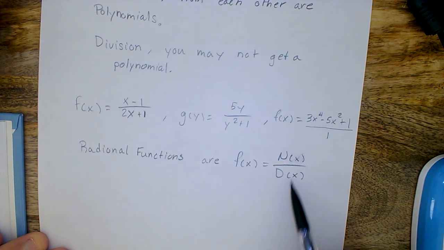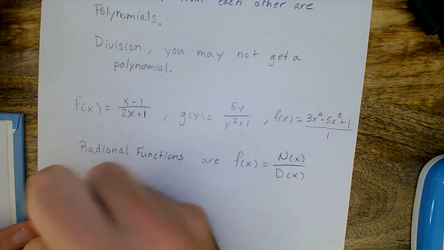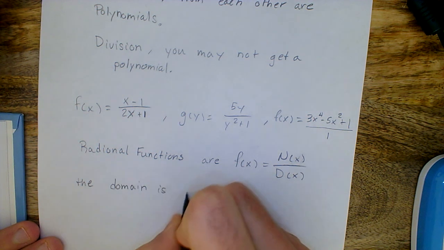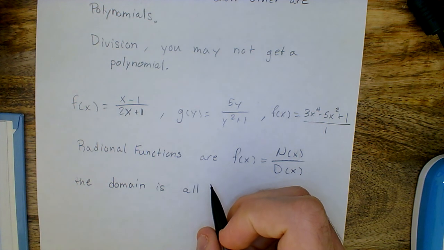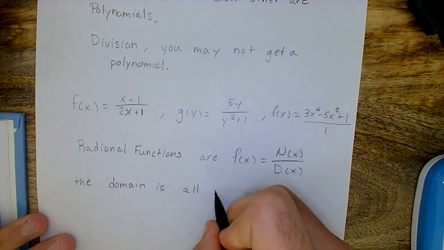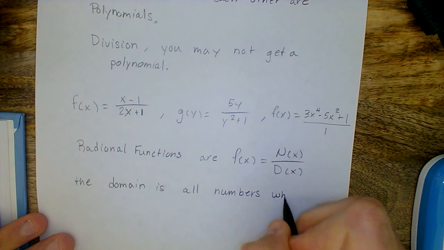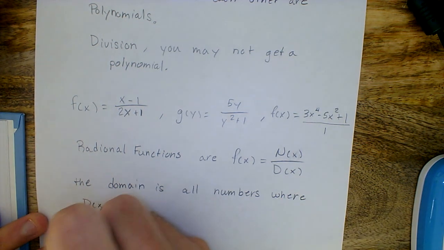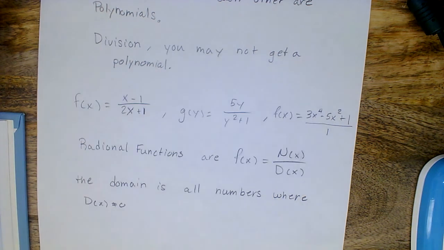Okay, so these two are just polynomials. And the domain is all numbers where d of x is not equal to 0, right? So all the times where you don't divide by 0.